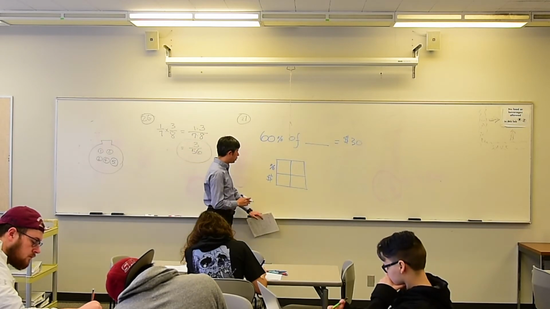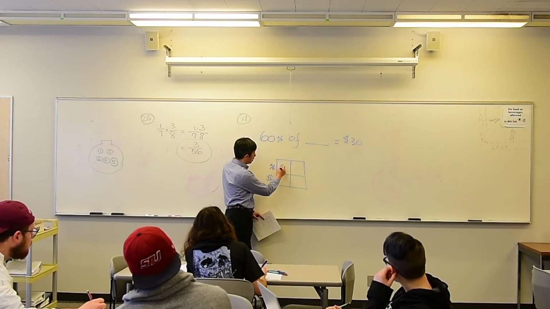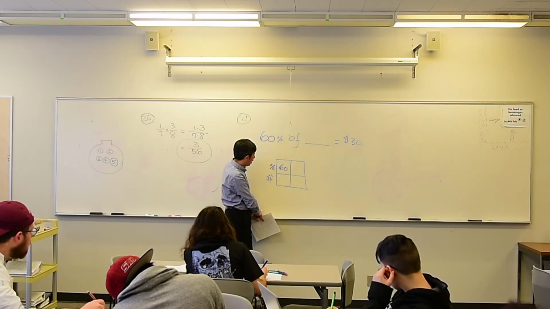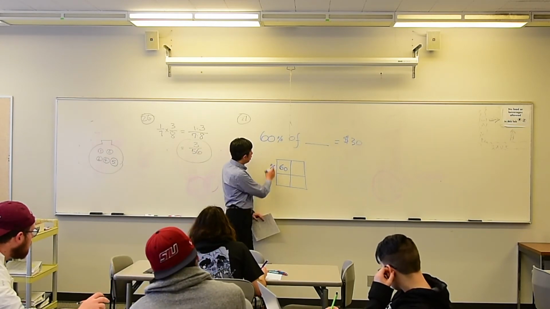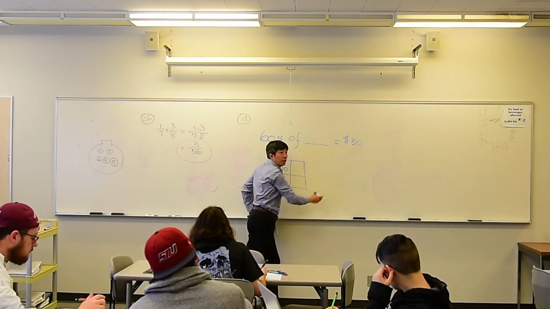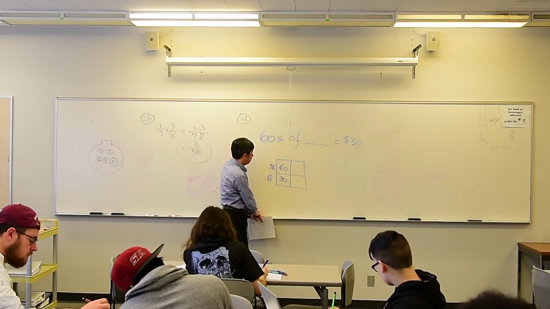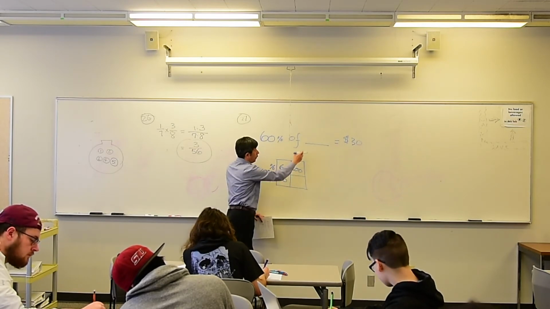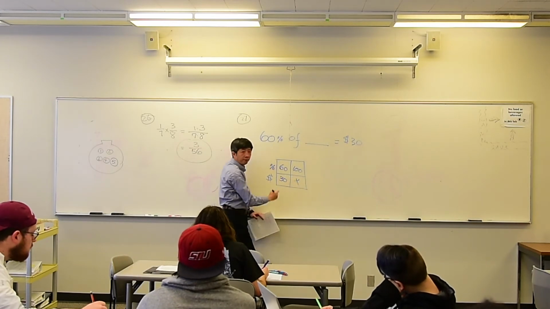Can we fill in this? 60% right here, right? Now 60% is equal to how many dollars? 30. Then 100%, I don't know, right? This is 100%. Can we say X, yes or no?